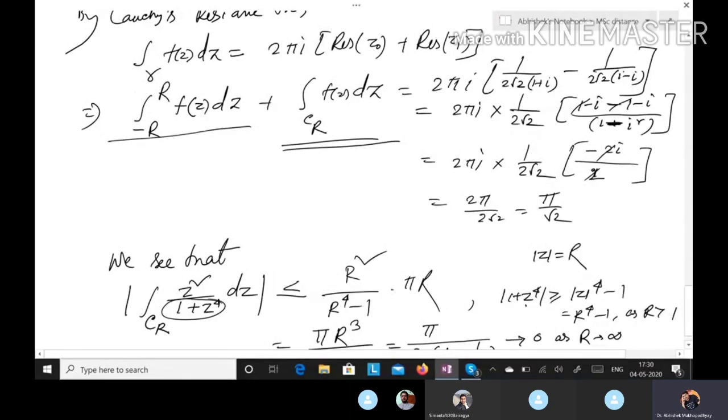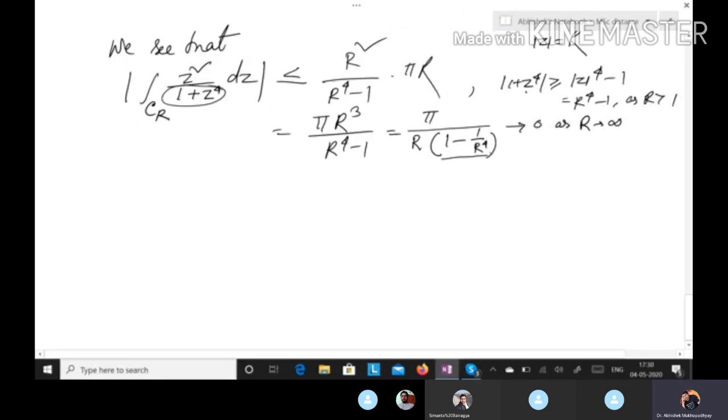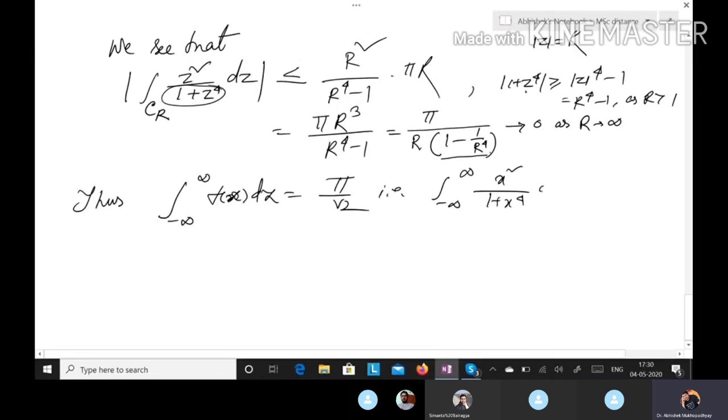Now since it is on the real line, we can put the variable z as x, real variable x. So thus integration minus infinity to infinity f(x) dx is pi by root 2. That is, integration minus infinity to infinity x square by 1 plus x to the power 4 dx is pi by root 2.